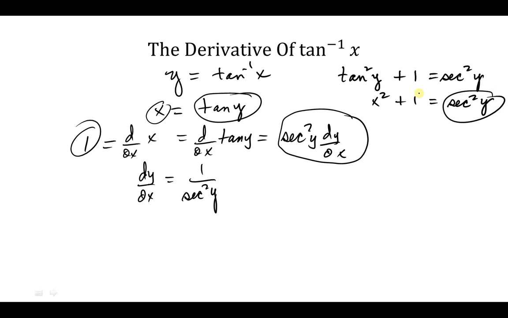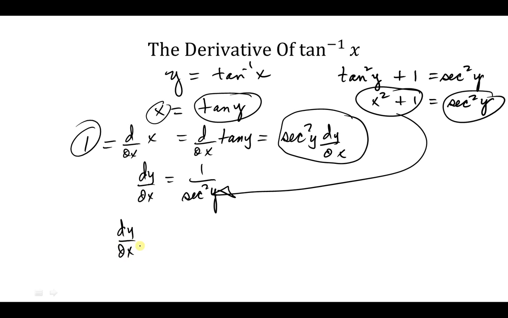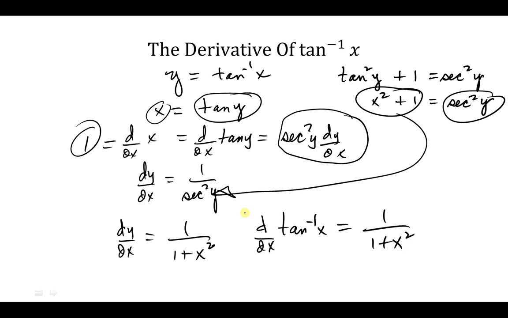So secant squared is 1 plus x squared, and we plug that into this formula, and we get dy/dx is equal to 1 over 1 plus x squared. So the major conclusion here is that d/dx of inverse tangent of x is equal to 1 over 1 plus x squared. And that is the last derivation we're going to do.